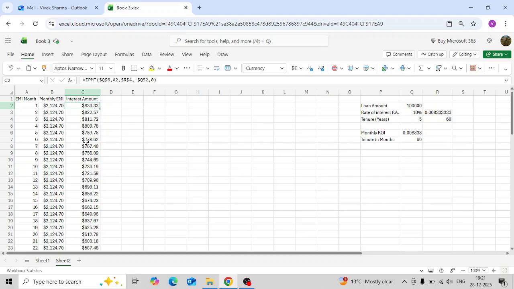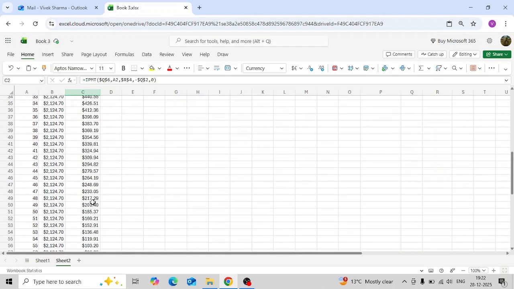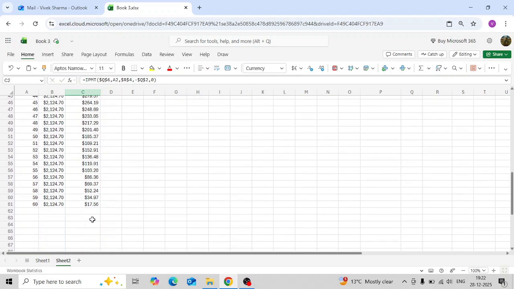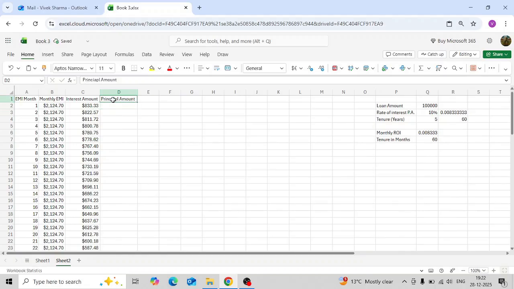If you see, my interest amount is decreasing as we move towards the last payments of our monthly EMIs. Now we calculate the principal amount.